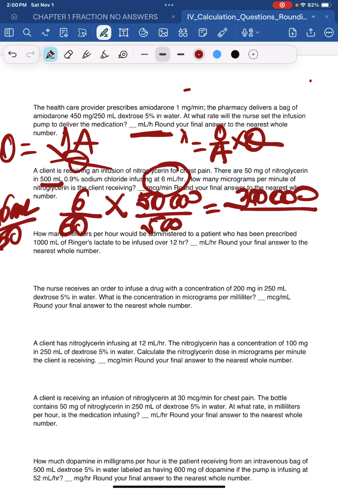On the bottom, I do 60 times 500, and I got 30,000. Now I do 300,000 divided by 30,000. By doing it like that, I still get the same answer.